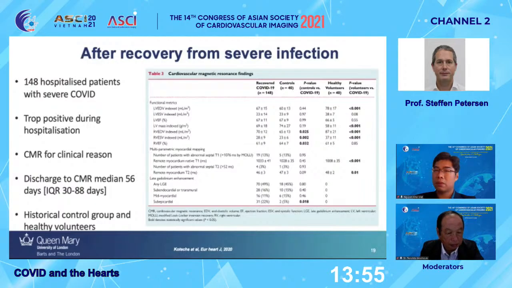A historical control group and healthy volunteers underwent a comparable CMR protocol. The table shows that there was broadly little difference in CMR findings between the groups, except mild alterations of RV function. Again, very reassuring. The authors concluded also that pre-existing cardiovascular alterations may have been present and could not be excluded, as no pre-COVID scans were available.